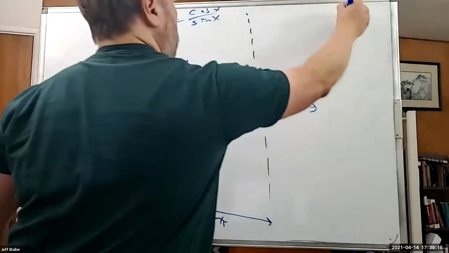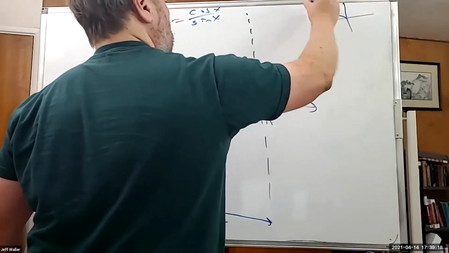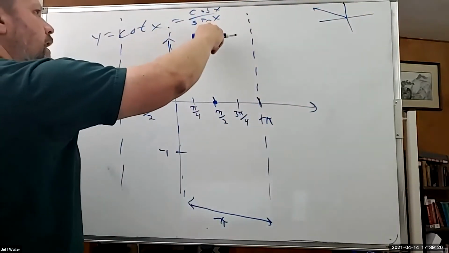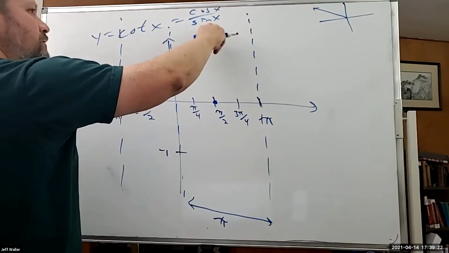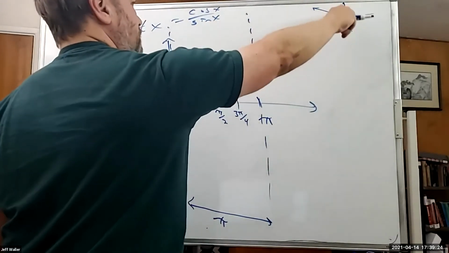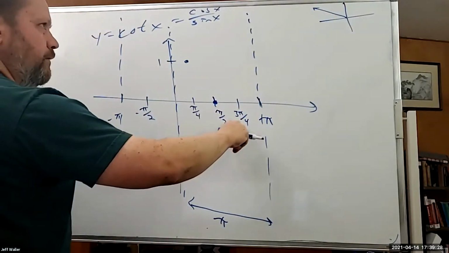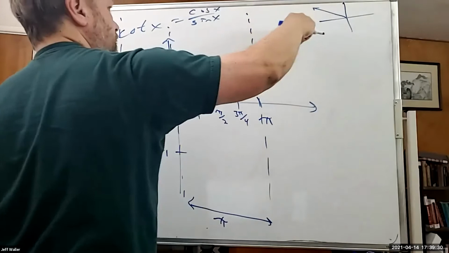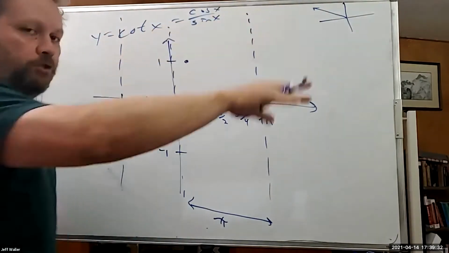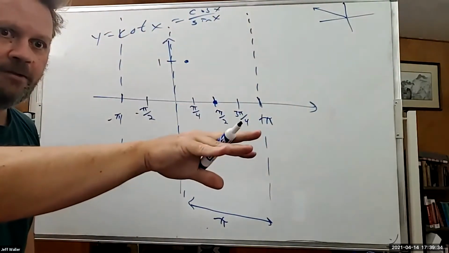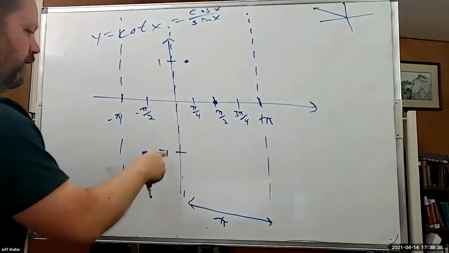So that would be here. What's true about cosine and sine? Which one is positive? Which one's negative? Sine is positive, cosine's negative. But they both are root 2 over 2, right? So it'll be -1.